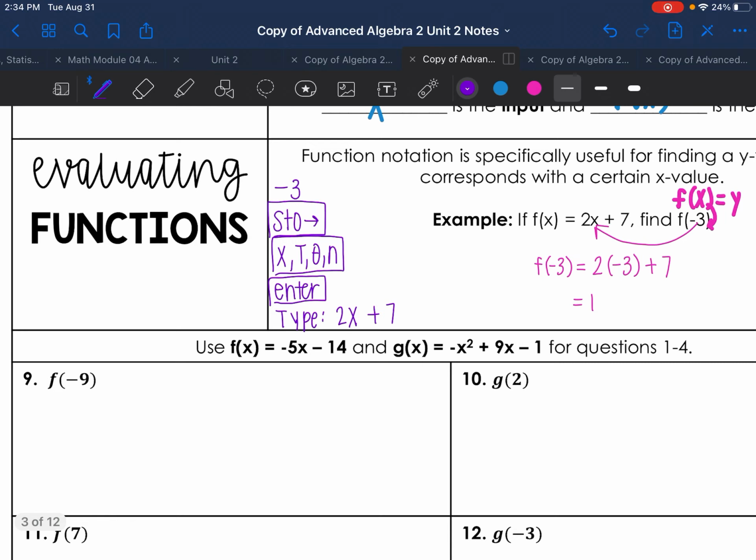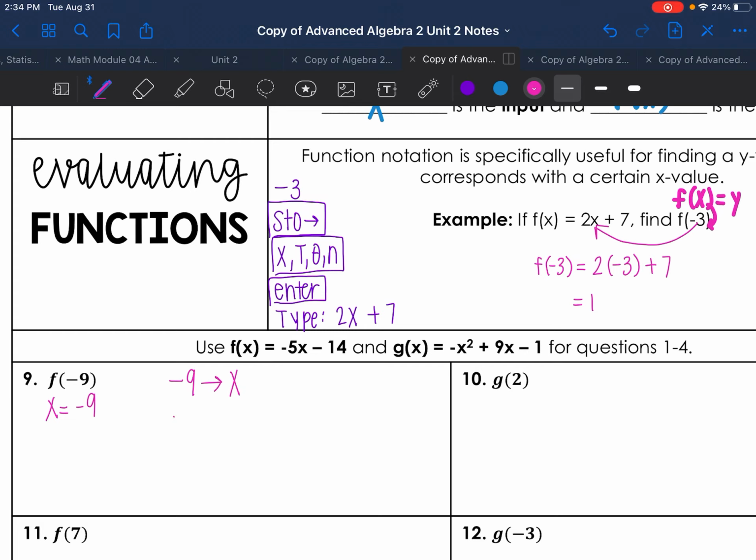So for example, on number 9, it tells us to find f of -9. So my x is -9, right? So in the calculator, type in -9, the store button, and then x. And then you hit enter.